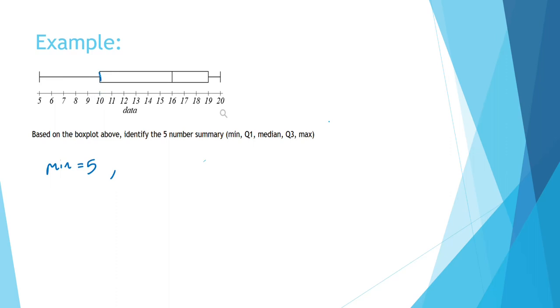Q1 is the left side of the box, and that corresponds to 10. The middle of the box is the median, and the median is 16. Q3 is the right side of the box, and that corresponds to 19. And the maximum is the highest value, and that is 20.